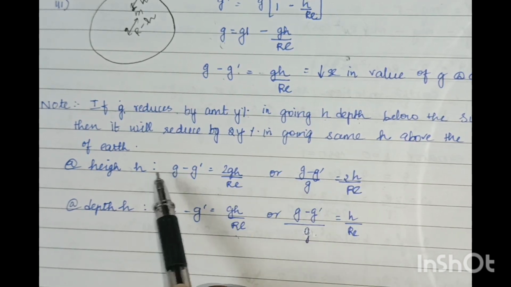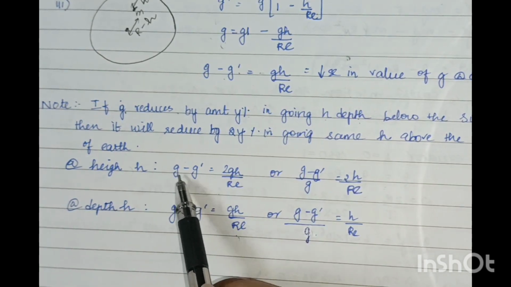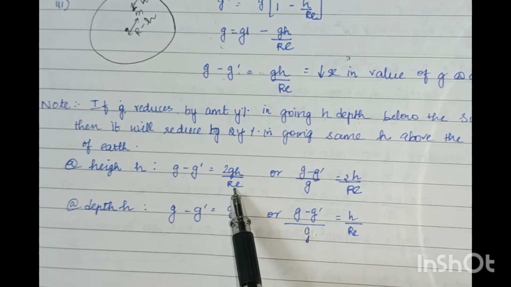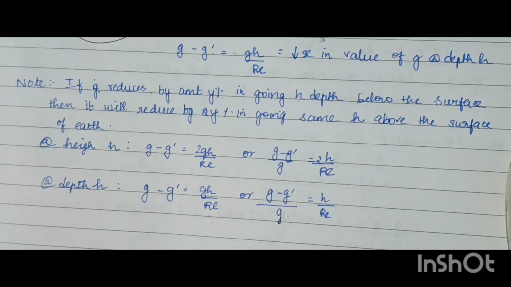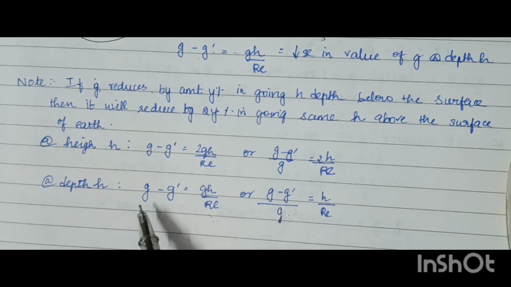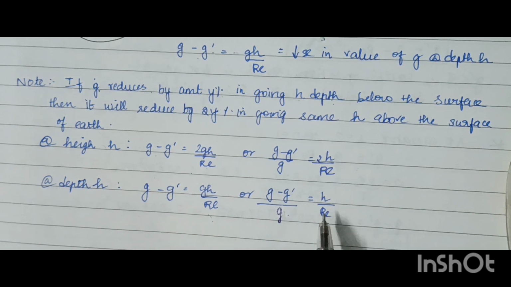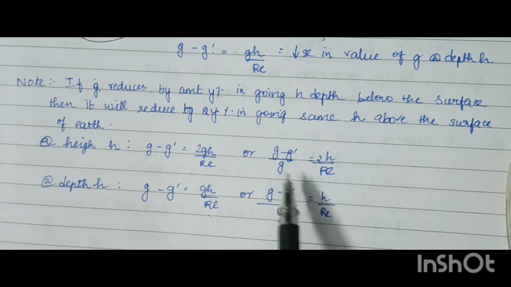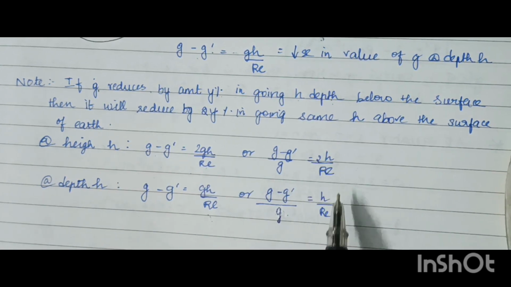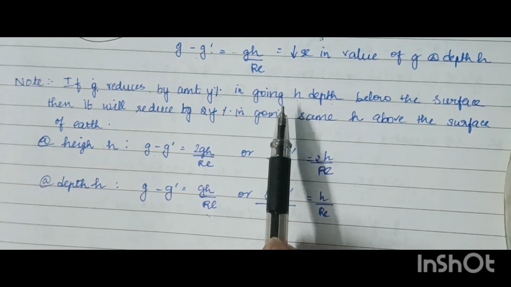So I am bringing this g down. So g minus g dash by g equals 2h by r. Here, g minus g dash by g equals only h by r. So here you can see that at a height the decrease in g is 2 times the decrease in g at a certain depth. So that is what is being said.